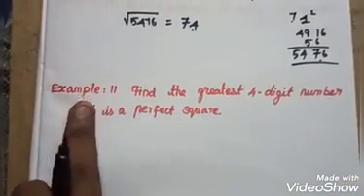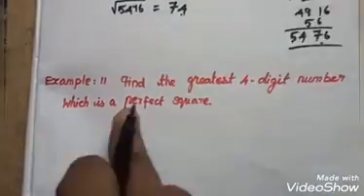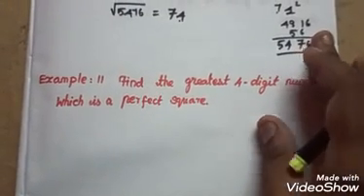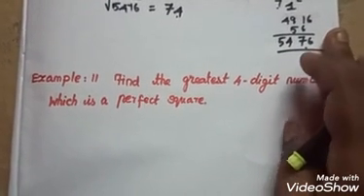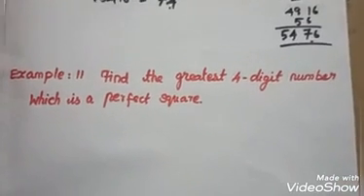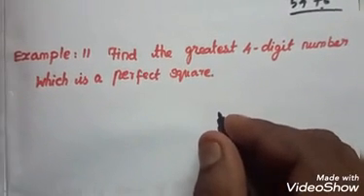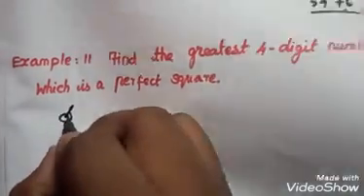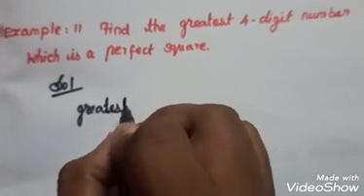Now example number 11. Find the greatest 4-digit number which is a perfect square. So we need to take a 4-digit number that should be a perfect square. First we need to know which is the greatest 4-digit number.